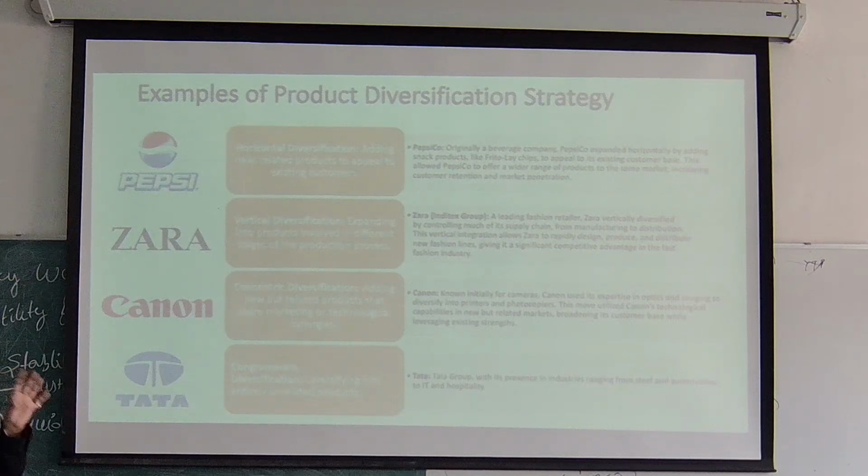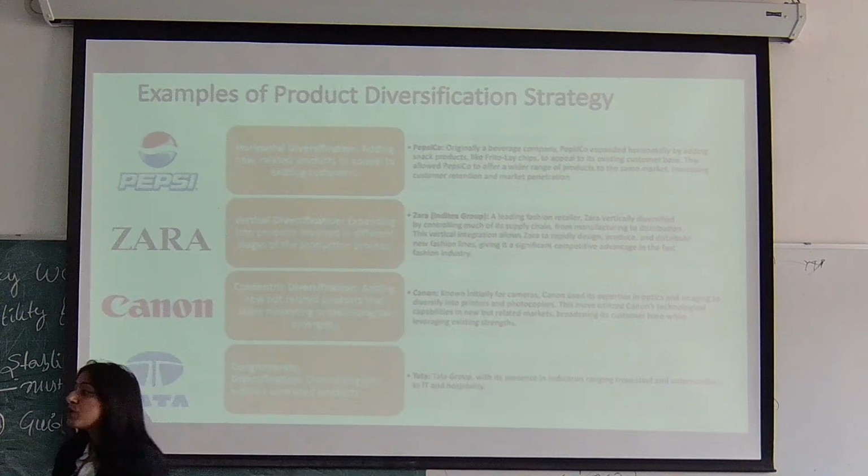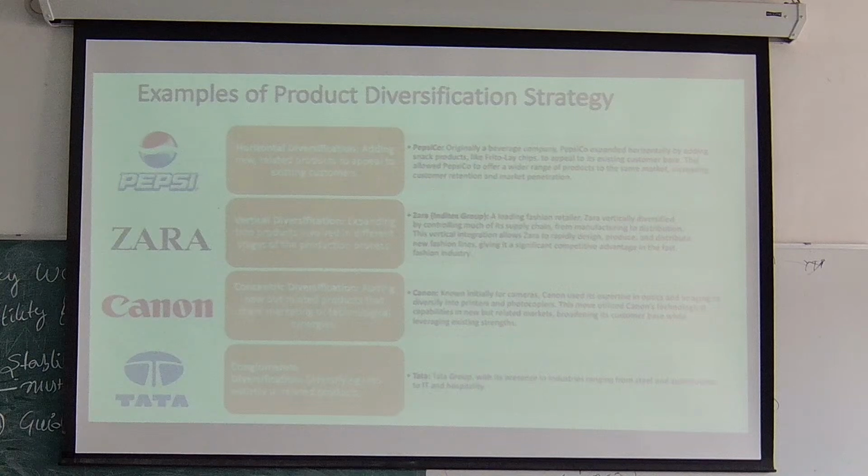It's not just that in one manufacturing unit everything is happening. There are multiple layers, there are multiple spots where all these things are happening, right? So in that case it is called vertical diversification, where they are expanding into products involved in different stages of the production process, right? Then we will talk about concentric diversification.